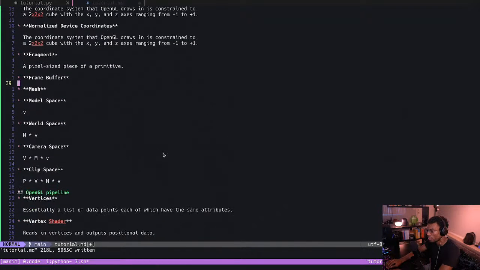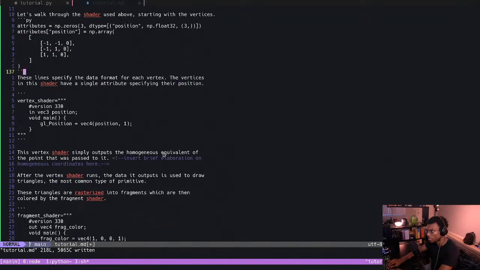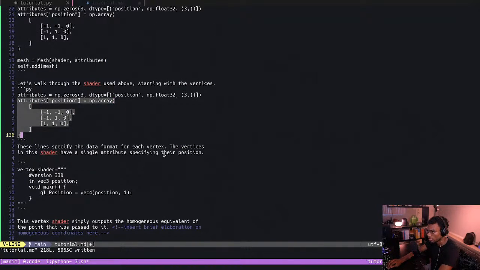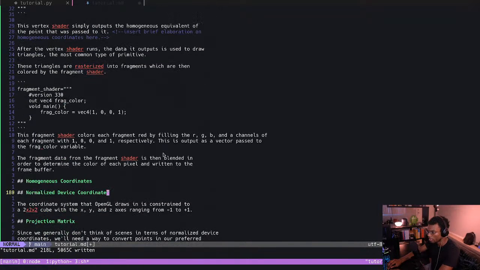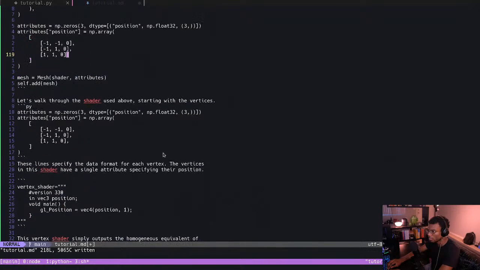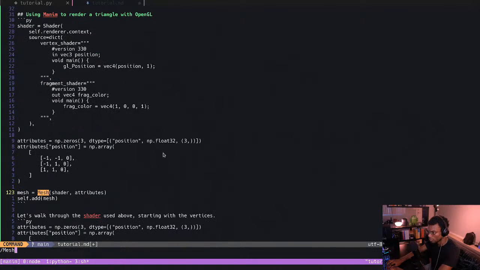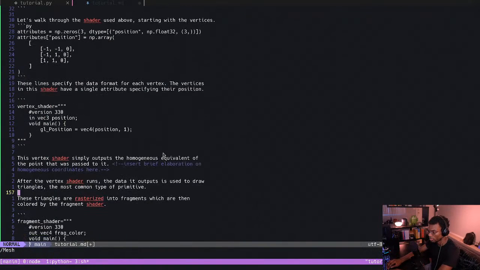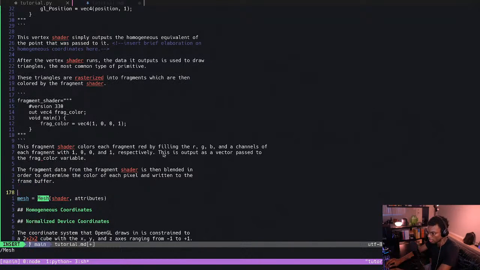A mesh is like your conception of an object. But from OpenGL's perspective, it's just a list of data like this, with the data format for each vertex. Maybe I should just go over the last line of that. Where is it? Here, just at the end.